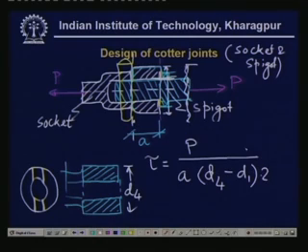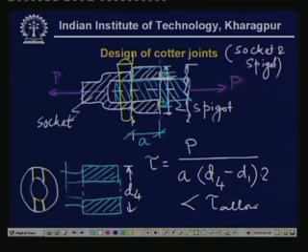The factor 2 comes because there are 2 surfaces. So, this is the shear stress developed, and it must be less than tau allowable. From this we can calculate D4, or if we have already calculated it, we can check against the shearing of the socket collar.